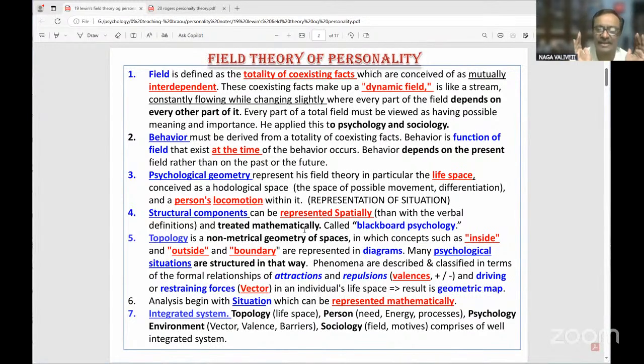In the psychological environment, there are certain forces, as we said, restraining and encouraging forces, and attraction and repulsion. Going deeper, there is a person in the psychological environment. The person and psychological environment are surrounded by the physical and the social environment. Once this is clear, we will proceed. If not clear, I will try to make it clearer in the next slide.